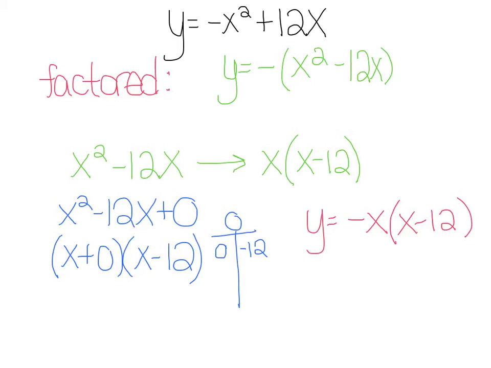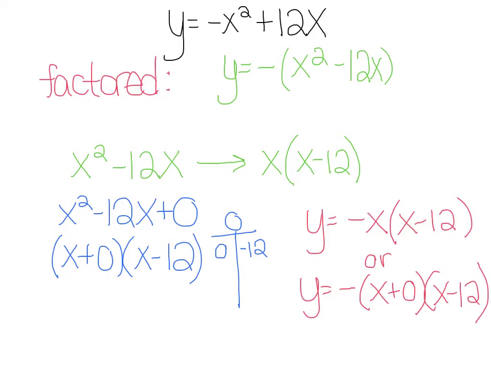I could also have y equals negative x plus 0 times x minus 12. I don't care which answer you keep, but you need to have one of them. You always want the negative on the outside. Don't redistribute it back into one of these. You want to leave the negative on the outside.